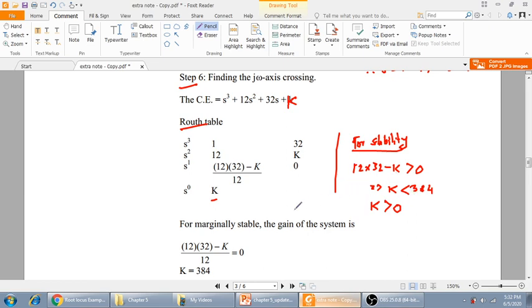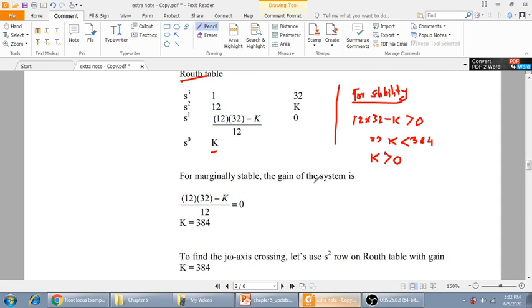So our gain values are between 0 and 384. The marginal stable value will be 384, and that's the reason we write 384 as our marginal value.